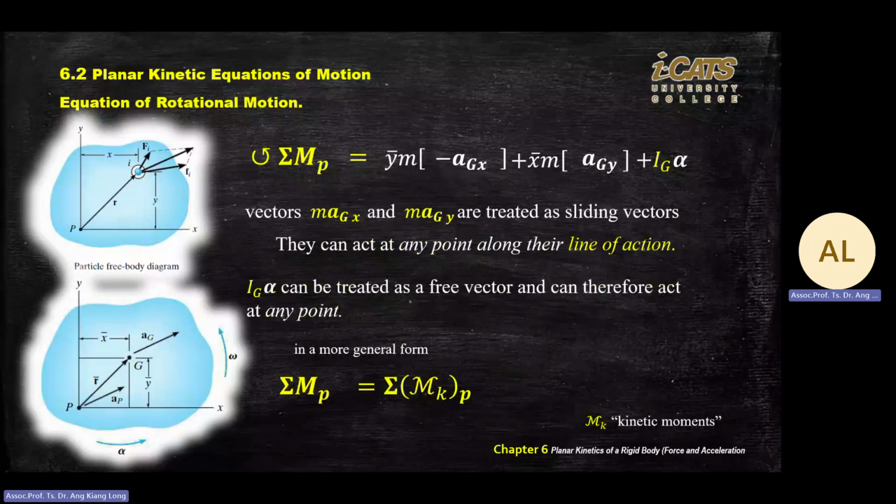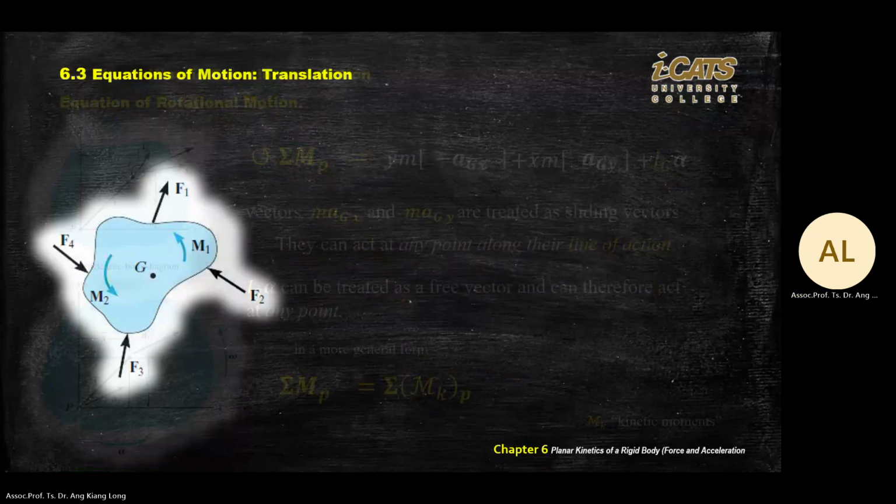So this equation MP is for the force diagram. This one MKP means each component moment, a very small component moment. The rest you read.